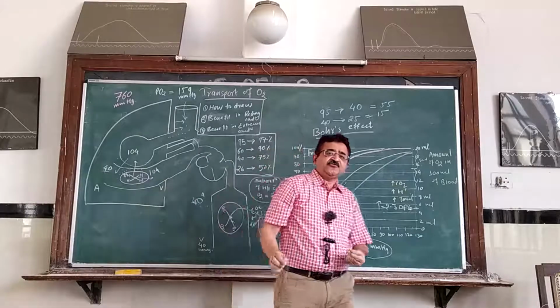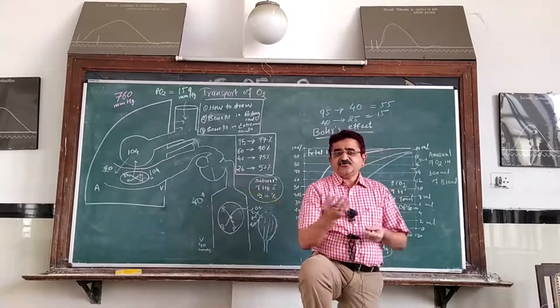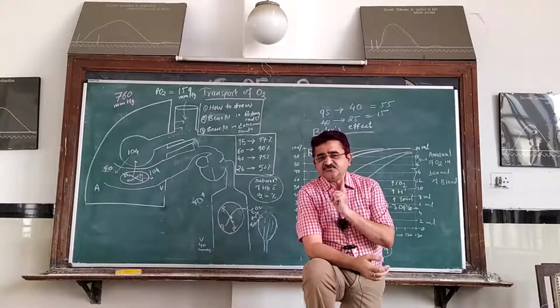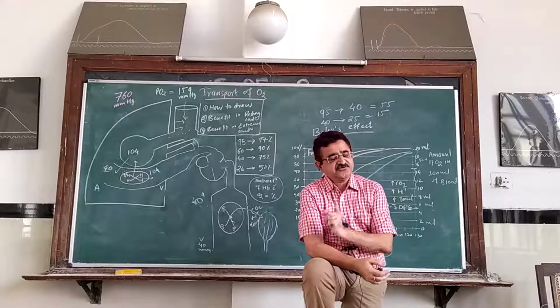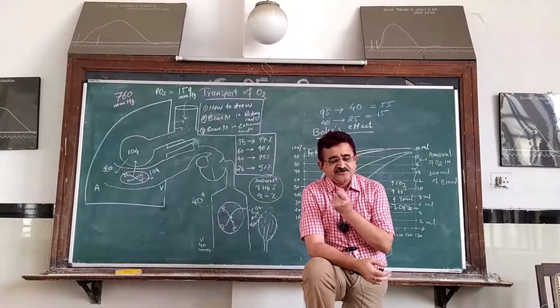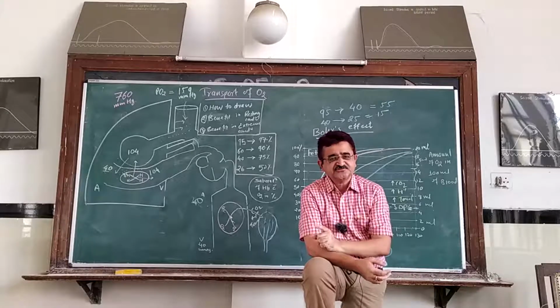Why does fetal hemoglobin have the curve shifted to the left? Because the metabolism of the fetal tissues is very low. Requirement of O2 is very low. So fetal hemoglobin releases a small amount of O2 very slowly and provides the O2 to their tissues.